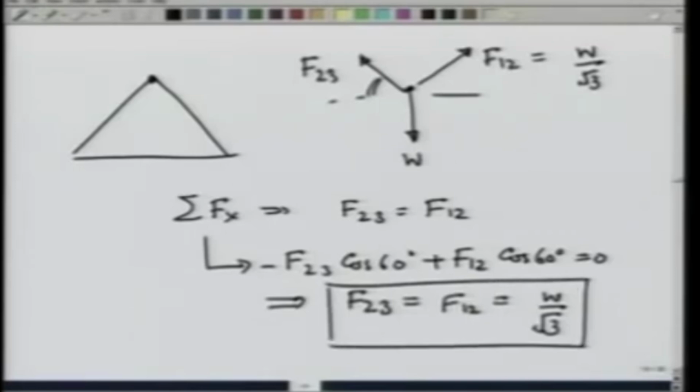So, we have determined all the forces in the system by looking at equilibrium of each point. One point I would like to make about F 1, 3 is that F 1, 3 came out to be negative.